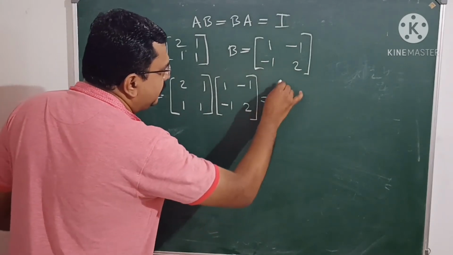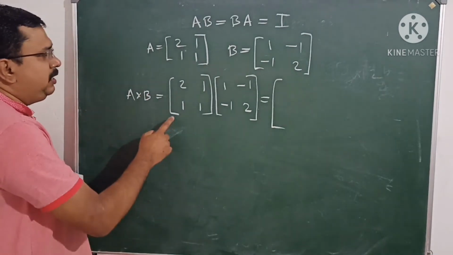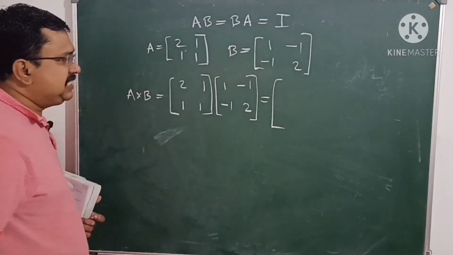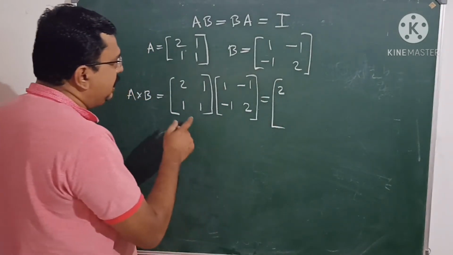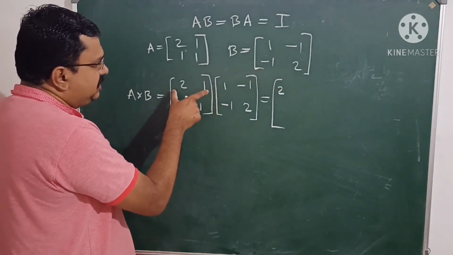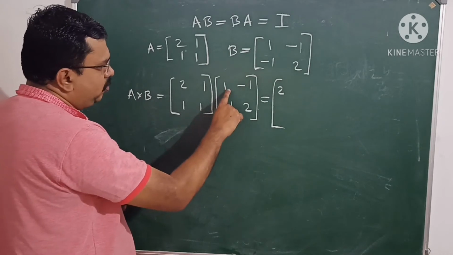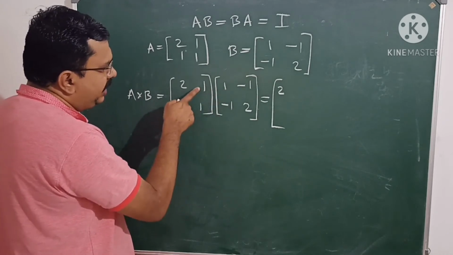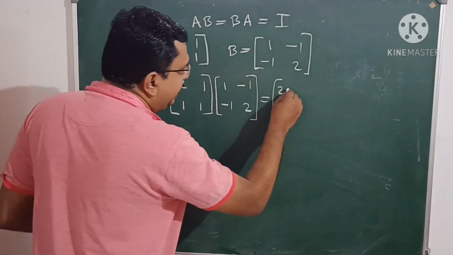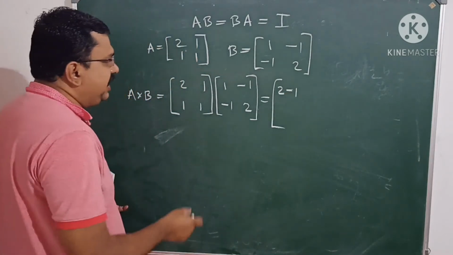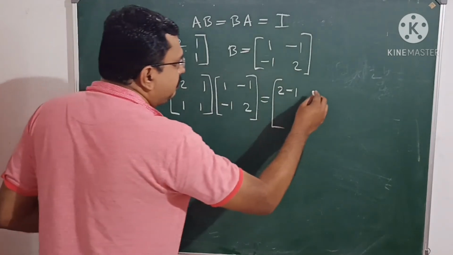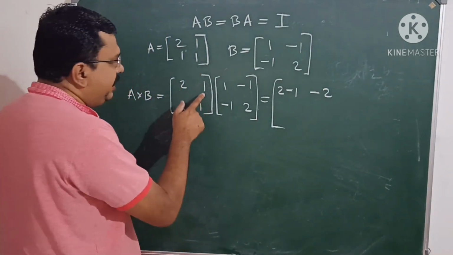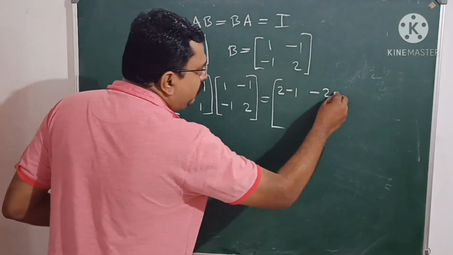We are multiplying two matrices, first row into first column: 2 into 1, 2, plus 1 into minus 1, minus 1. That is 2 minus 1. Next, first row into second column: 2 into minus 1, minus 2, plus 1 into 2, 2.